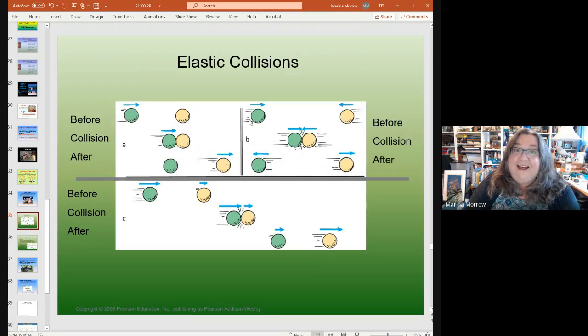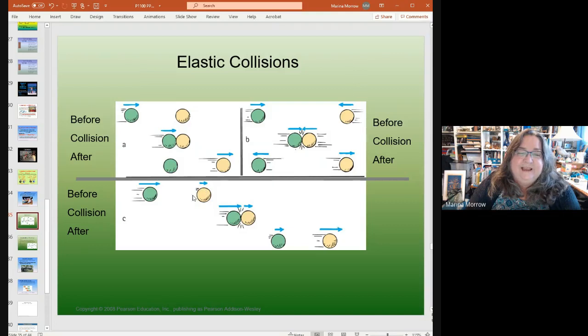Okay, now the second situation, we've got the green ball and the yellow ball both moving towards each other with equal speeds. They collide in the center and they bounce off and go off at equal speeds. In the third situation, C, we've got the green ball going fast.